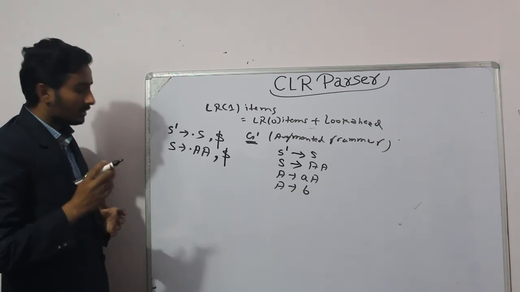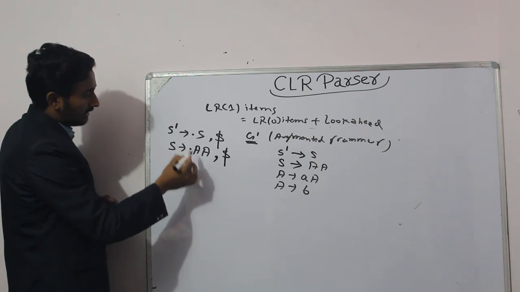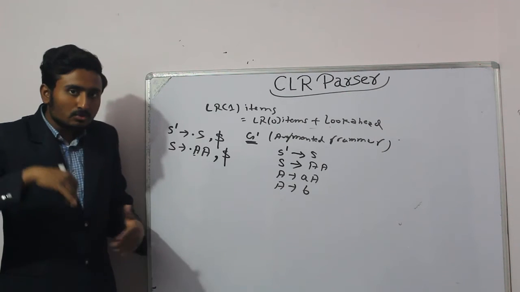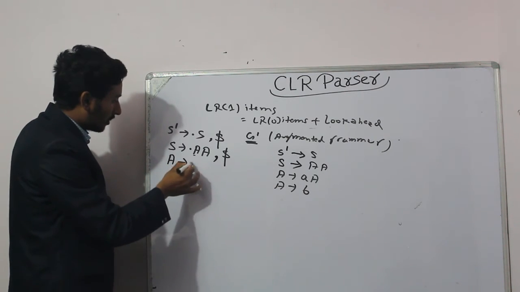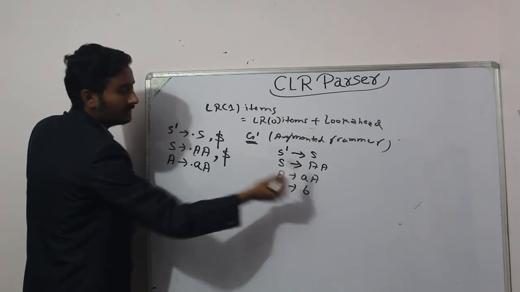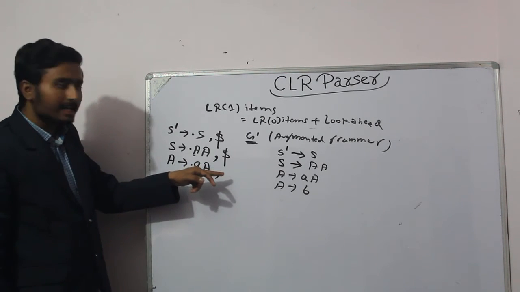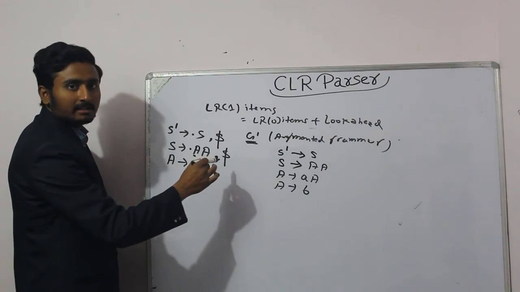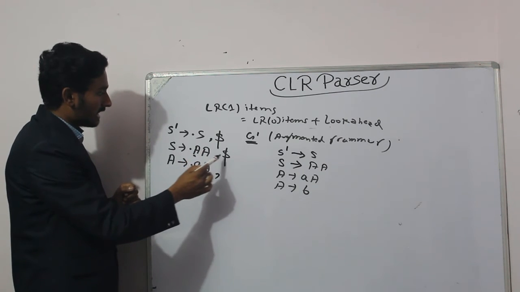Now after this dot we have A, a non-terminal, so we need to expand this. We write A derives dot a capital A, because A is deriving small a capital A. Here the look ahead will be, after this A, what is remaining in the production, that is A and dollar.